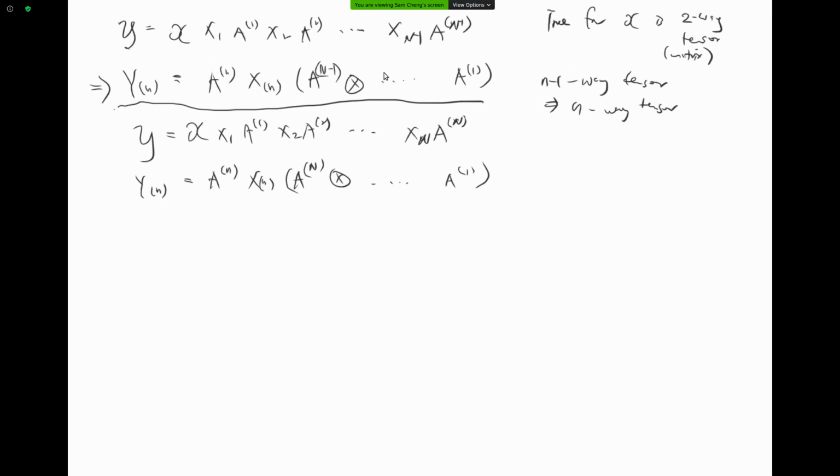We will first assume that the small n is not equal to capital N, and later argue what to do if it is equal. If n is not equal to small n, I should do some illustration. It's really hard to draw, but let's see, I have this tensor x.